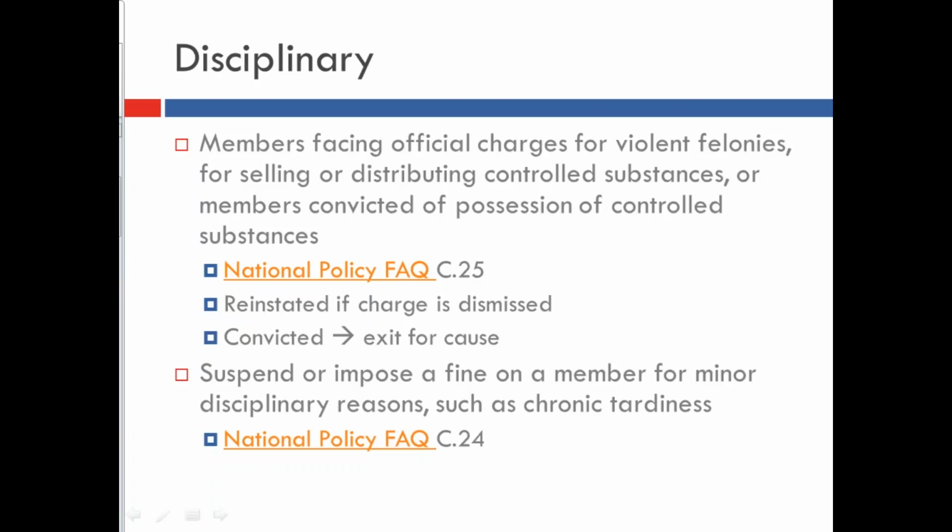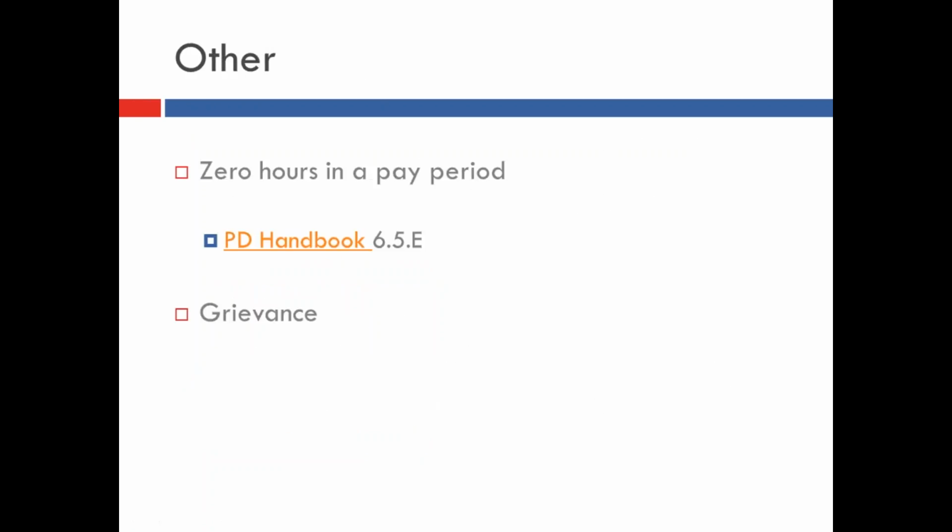And then also the fines. And here once again, just in case folks are looking for more information on 0 hours in a pay period, you can refer to the PD handbook for that.